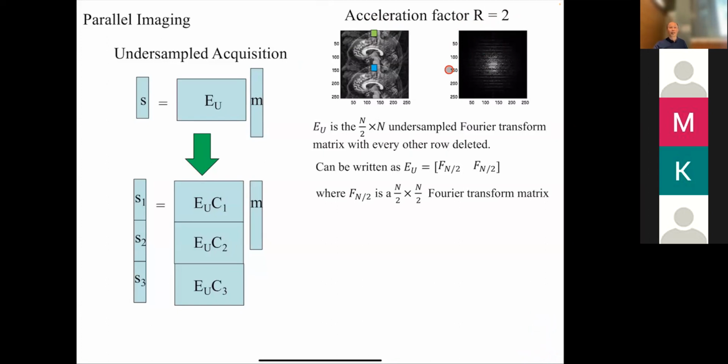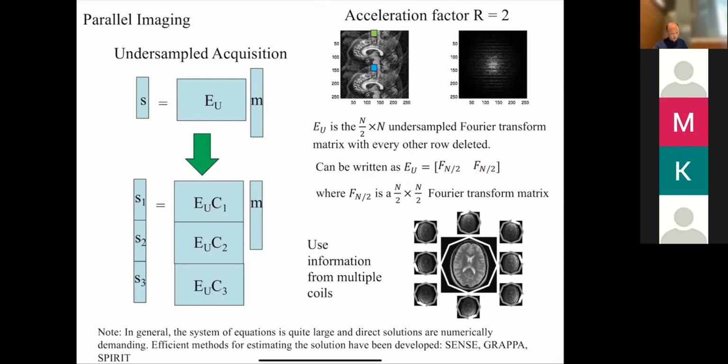Okay. All right. So now E U is this n by 2 by n undersampled Fourier transform. Okay. And it can be written as a concatenation of 2 n by 2 by n Fourier transforms. So basically just smaller Fourier transforms. So I can go and solve this big equation, okay?